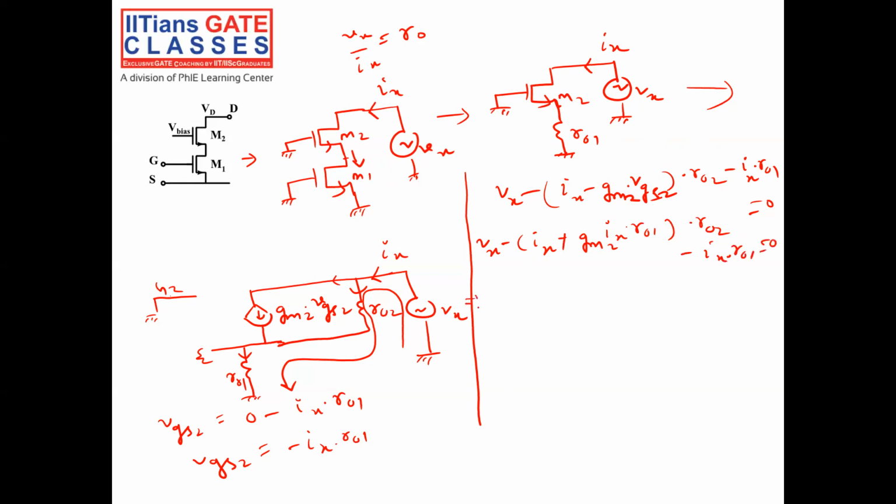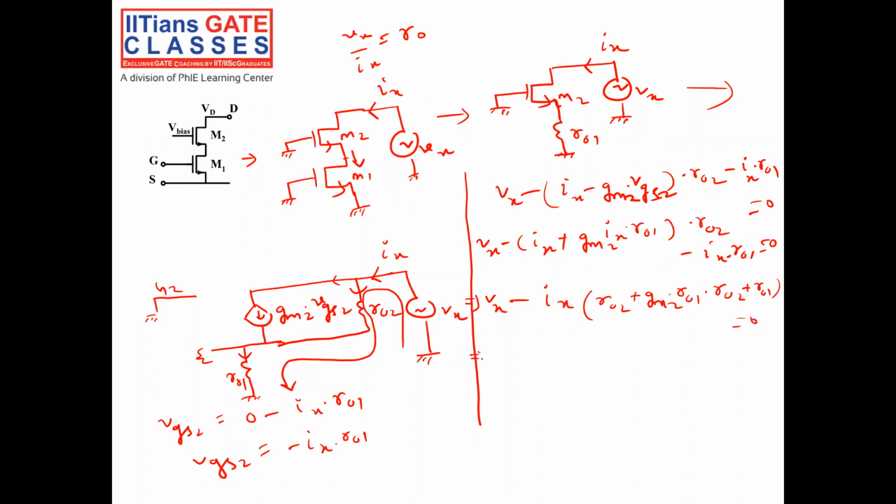Okay. This implies Vx minus Ix, if I take it common, it will be R02 plus gm2 into R01 into R02, plus R01 is equal to 0, right?